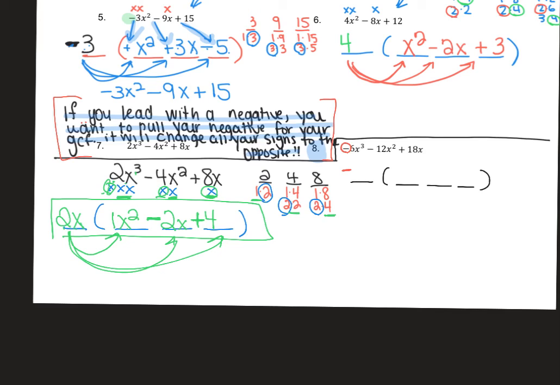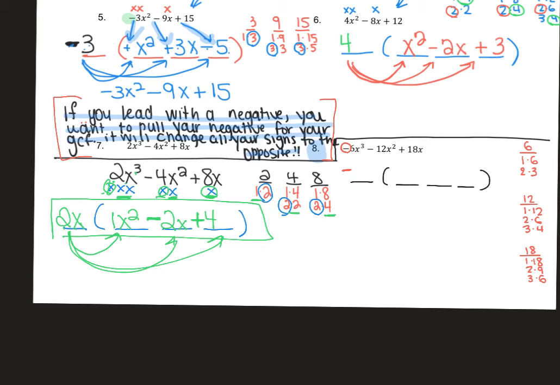Now, if I'm looking for my factors, factors of 6 are 1 and 6, 2 and 3. Factors of 12, 1 and 12, 2 and 6, 3 and 4. Factors of 18, 1 and 18, 2 and 9, 3 and 6.